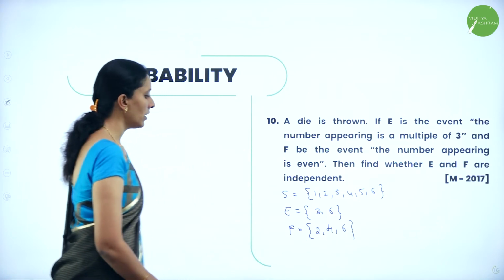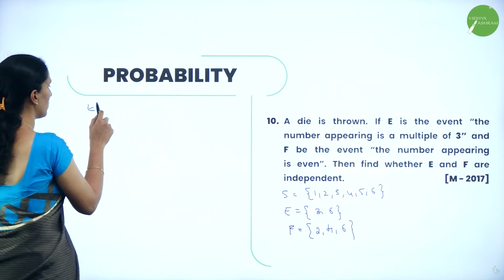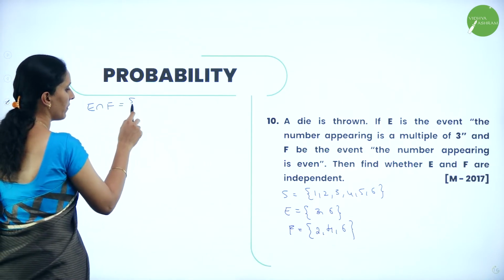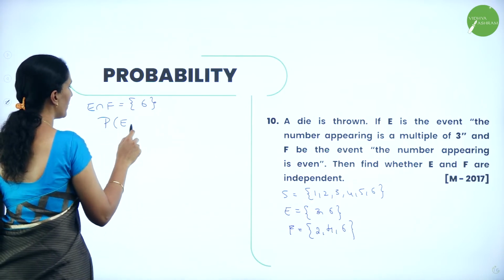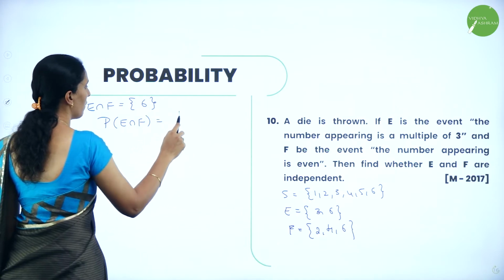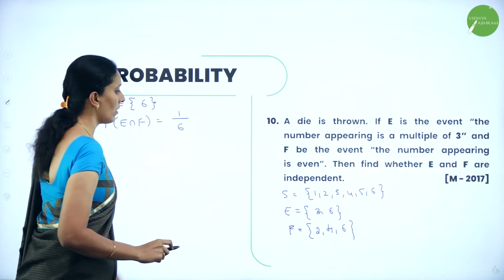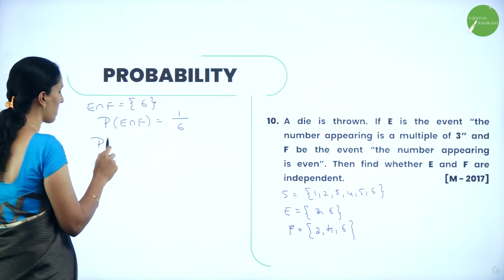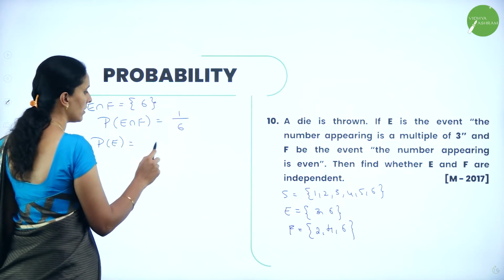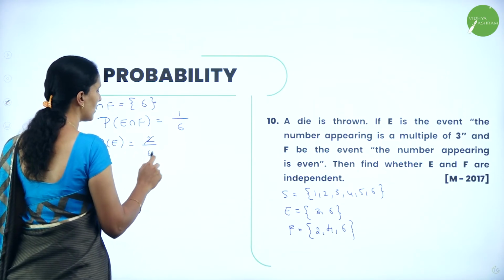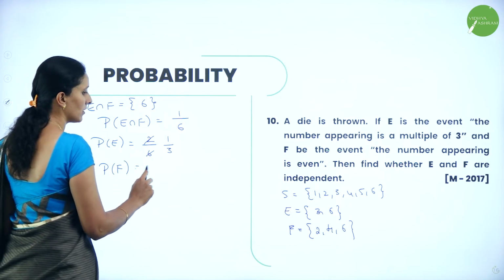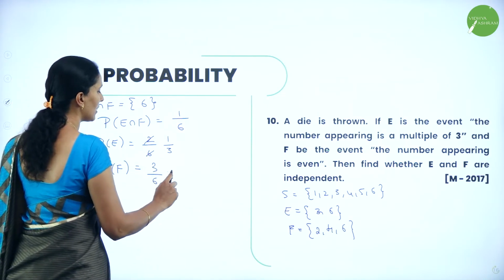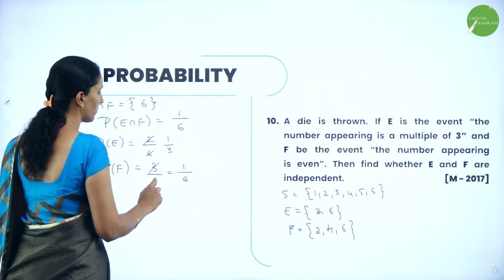So we have E intersection F also. E intersection F is 6. So therefore the probability of E intersection F is 1 divided by 6. Now let's find the probability of E. Probability of E is 2 divided by 6, that is equal to 1 by 3. Probability of F is 3 divided by 6, that is equal to 1 by 2.